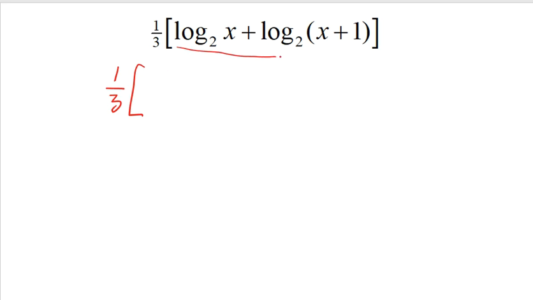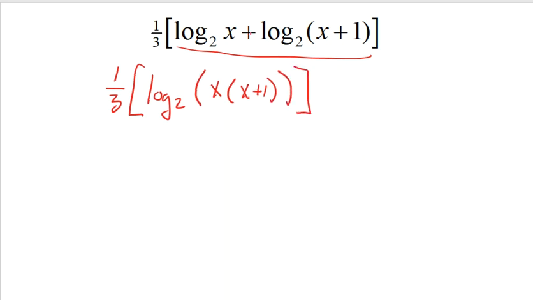Now I have addition. I could bring addition together with, hopefully you're hearing, multiplication. So that's log base 2 of x times x plus 1. So I was able to reverse use the addition property, taking the addition of 2 logs and bringing it together as 1 log, multiplying them together.